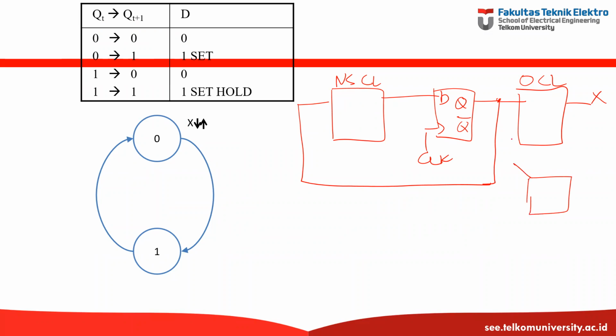So when Q is 0, then the output X is active. However, when Q is 1, then X is 0. So that means X is Q naught. This is X, sorry.